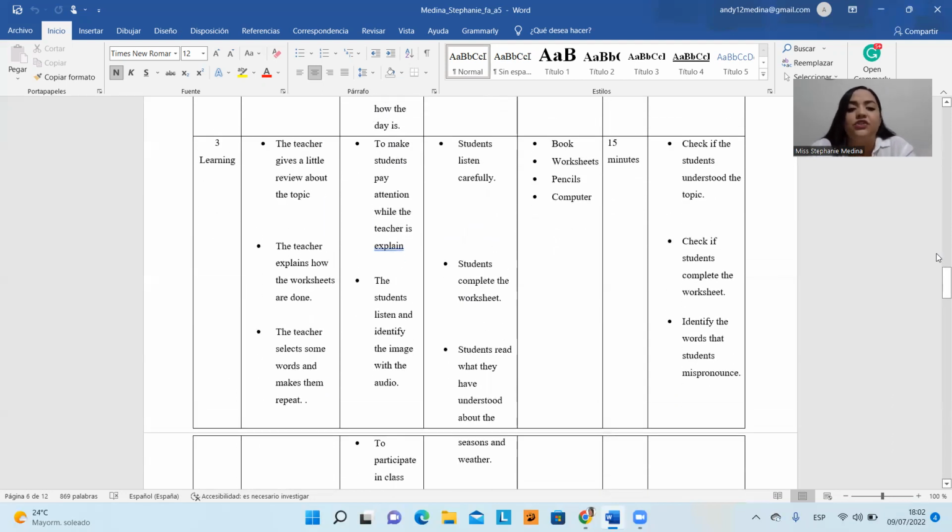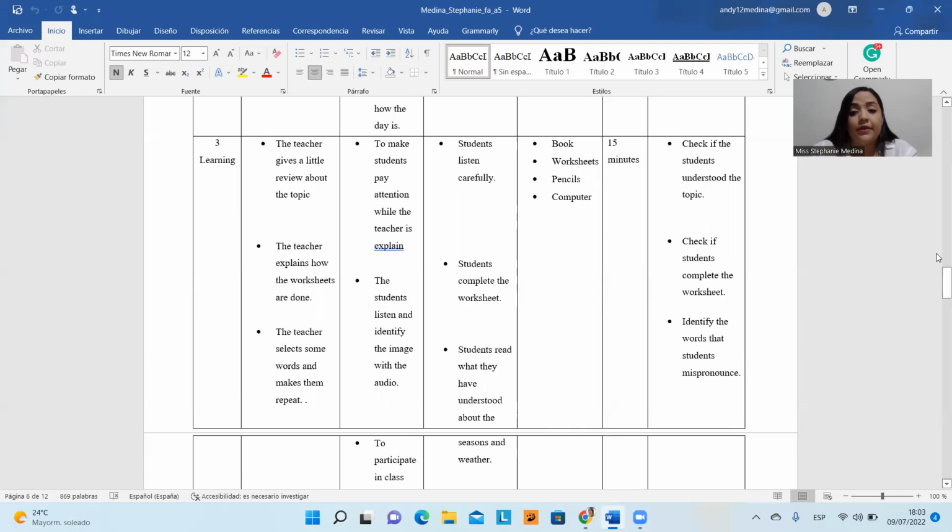So this part is the learning. In the learning, the teacher gives a little review about the topic, explains how the worksheets are done, and selects words to repeat. The first activity is to make students pay attention while the teacher explains. The students listen and identify the image with the audio.